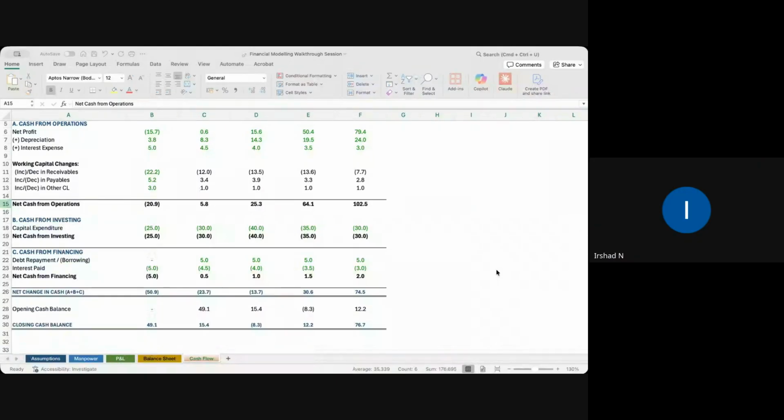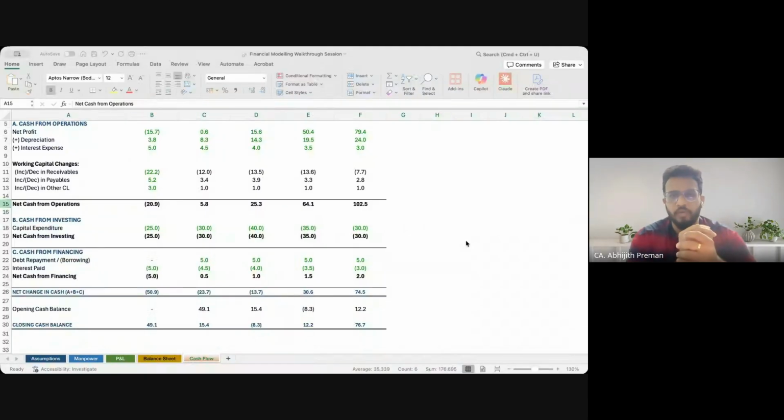Hello. Yeah, Irshad. Hi. Okay, how are the key assumptions in the financial projection selected? Like the determination of selecting the assumptions. See, again, like I've told, this is just what I've done for a session. Typically, when we do a financial model in a real scenario, we sit with the founders and try to understand how their business model works.